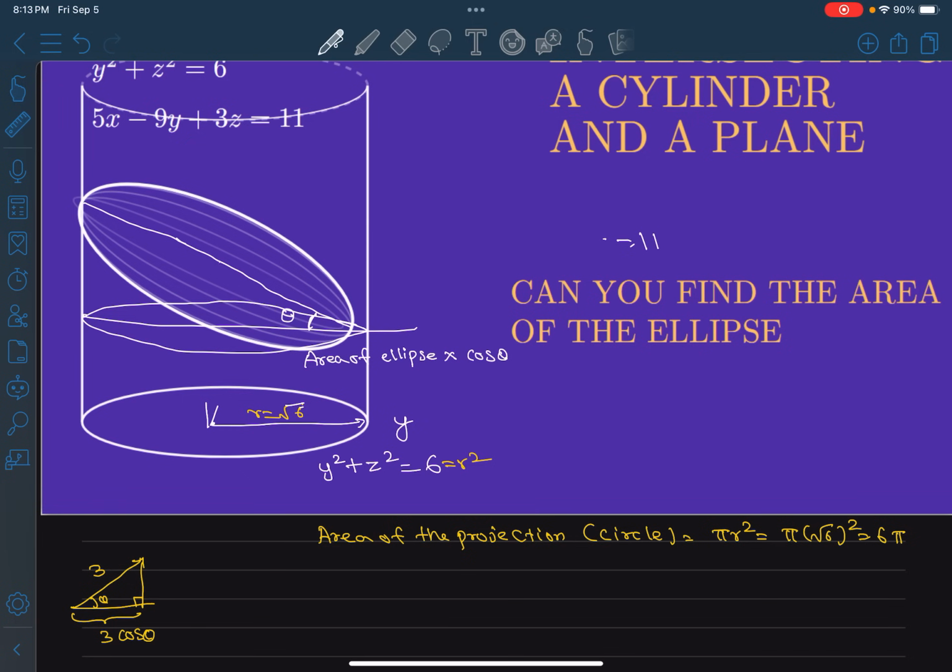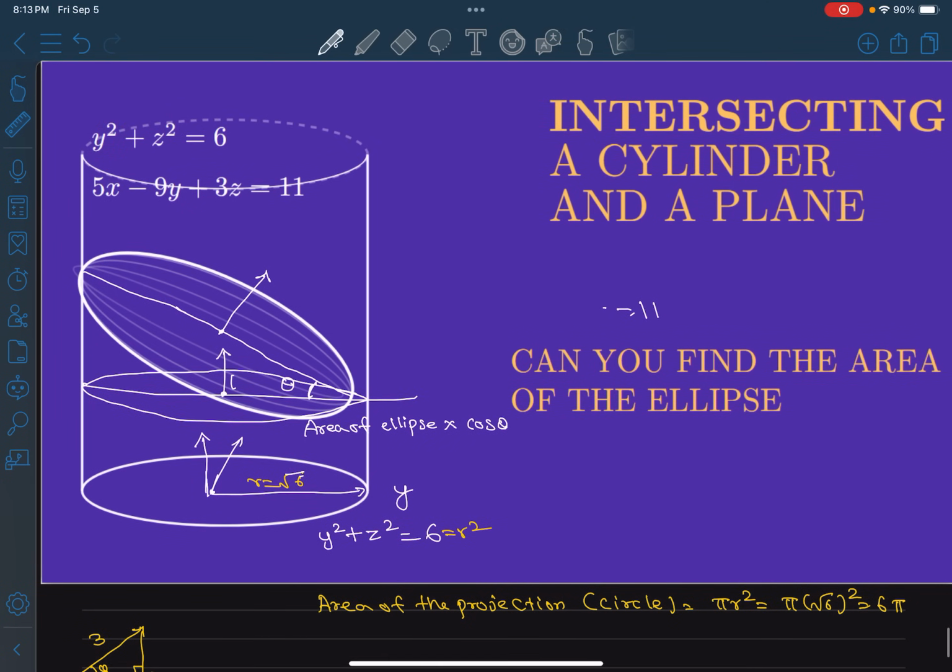For that, you can take the normal of this ellipse, which is basically the normal of this plane, and also the normal of this plane. Because this is in the YZ coordinate axis, the normal here for this circle should just be 1, 0, 0, right?